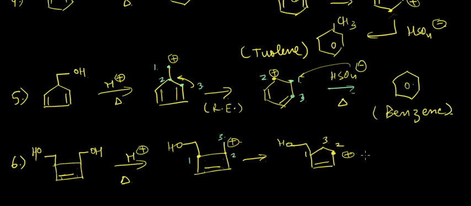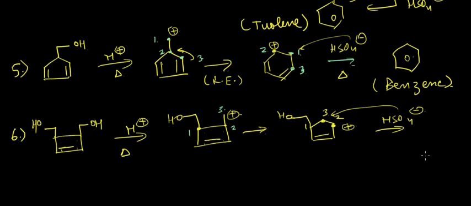Now again in presence of HSO4 minus, if we heat it, this is the alpha hydrogen here. So what will happen is, we'll get something like this, and we'll get OH here again in the presence of H plus, and we heat it.